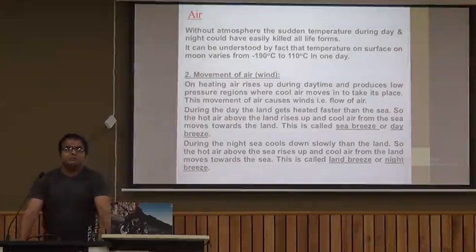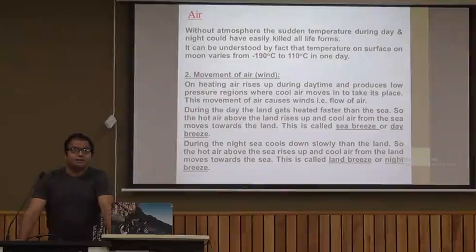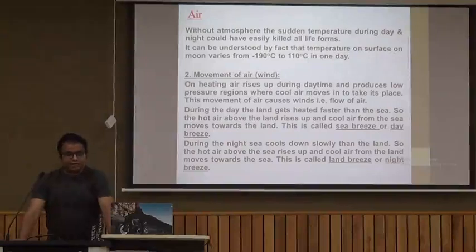Then second, movement of air, of wind. The very wind which carries clouds, the very wind which causes the motion of plants, animals, the very wind which carries air from one place to another. Now, a very important aspect of wind is the sea breeze and the land breeze, which we also call day breeze and night breeze.